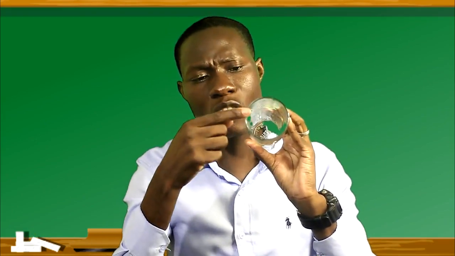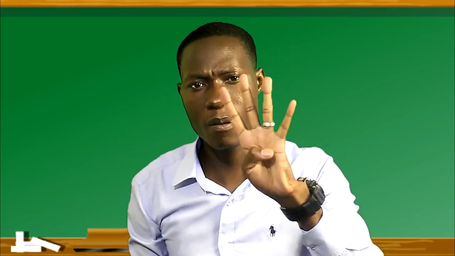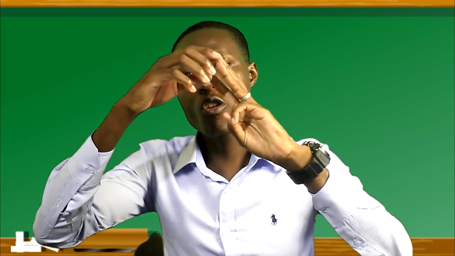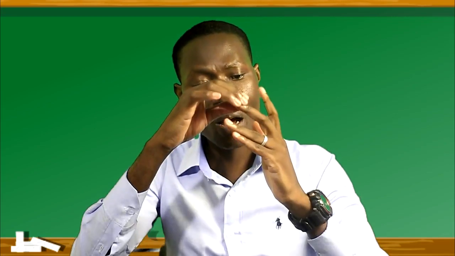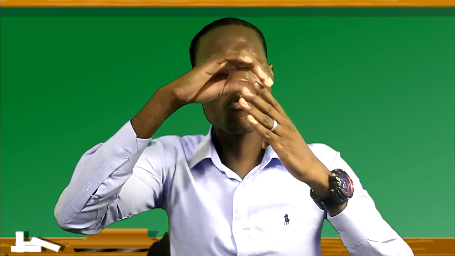When you look at this wall, it is made up of 4 layers. The innermost layer is called mucosa, followed by submucosa, then muscularis or muscle layer. Then we have the 4th layer on the outside, which we call serosa.